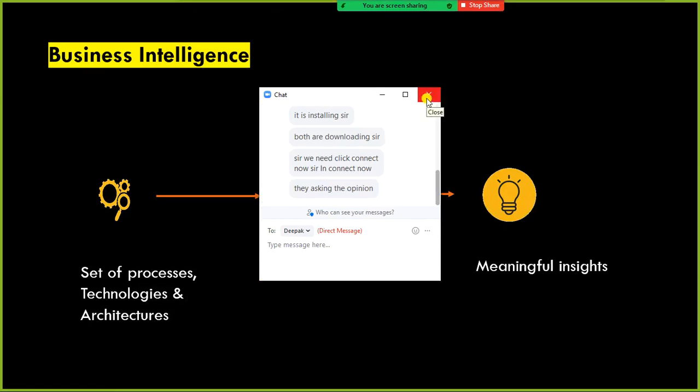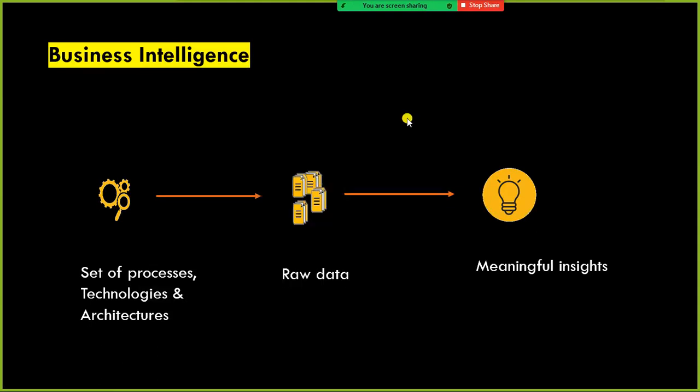Sir, we need to click connect now. In connect now, they are asking for an opinion. Yes or no, that's what I said. Click yes, it will proceed. Okay, in the interest of continuing this video, I'll continue. Probably after 15 minutes or so, we'll take a small break, and then we'll check your installation status.